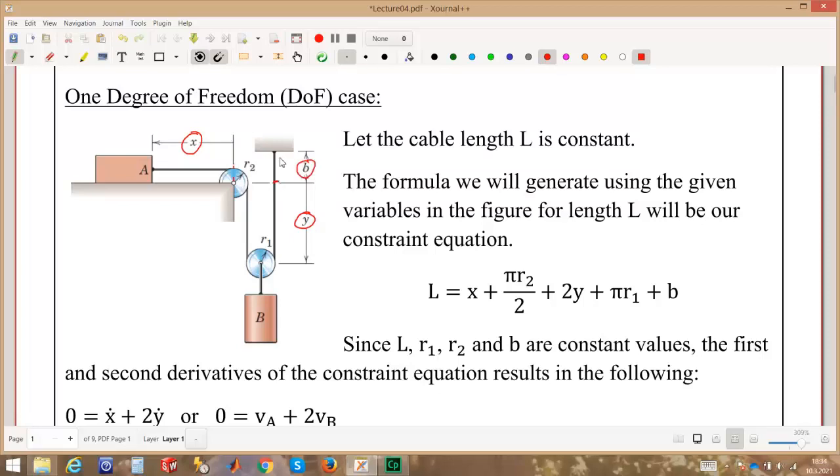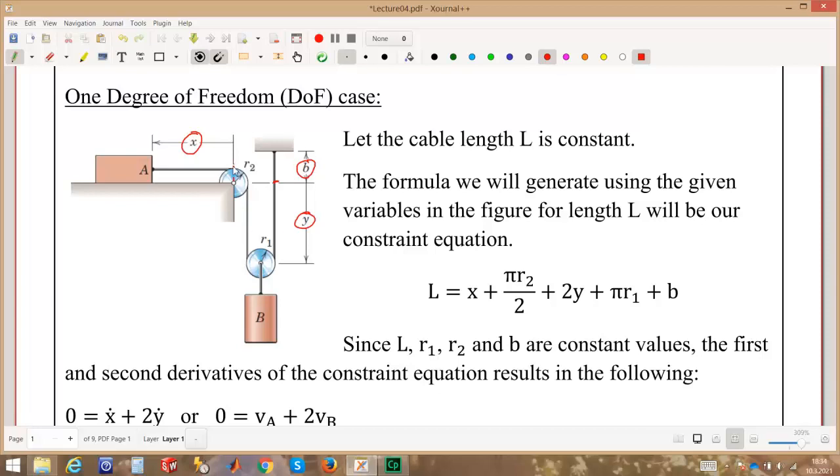This constant length is the difference between this connection port, which is the ground, with respect to the center of this pulley.